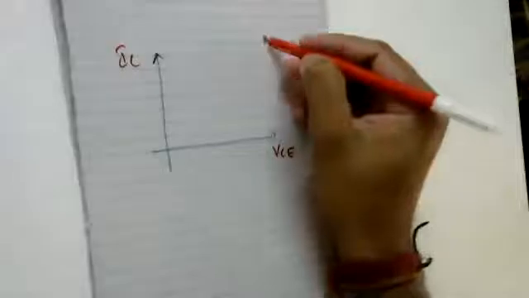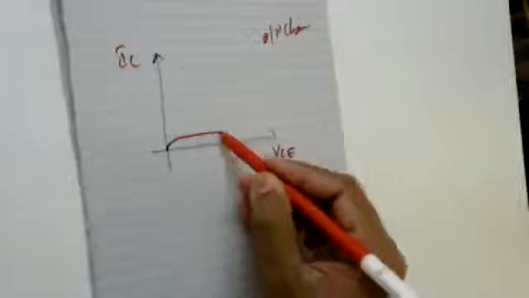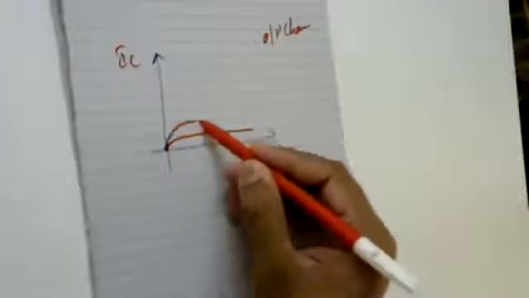So we know that in the plot between VCE versus IC, which is nothing but the output characteristics of a transistor, I'll get a response somewhat like this.